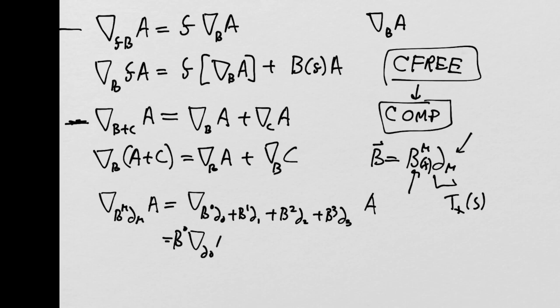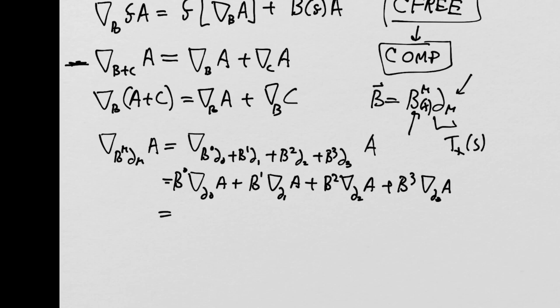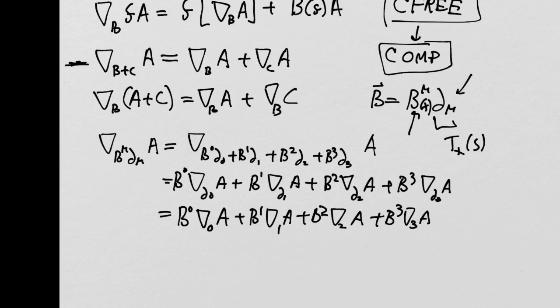B0 nabla partial 0 of A plus B1 nabla partial 1 of A plus B2 nabla partial 2 of A plus B3 nabla partial 3 of A, which in almost every book you'll see is going to be written as B0 nabla 0 of A plus B1 nabla 1 of A plus B2 nabla 2 of A plus B3 nabla 3 of A. They're going to suppress that partial in the subscript.